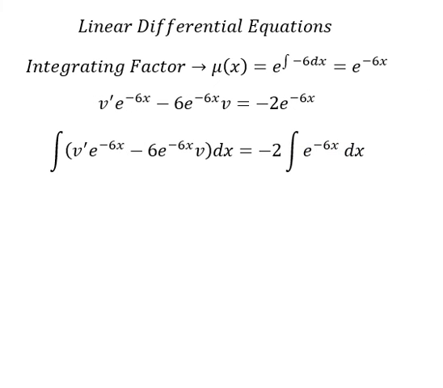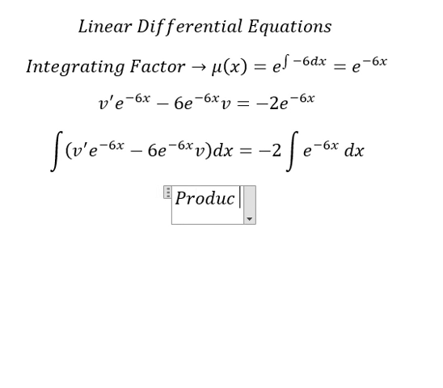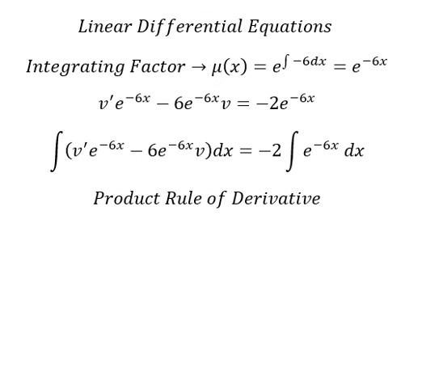So we can use the product rule of derivative. So we have first derivative of y equals first derivative of a multiplied by b plus first derivative of b multiplied by a.